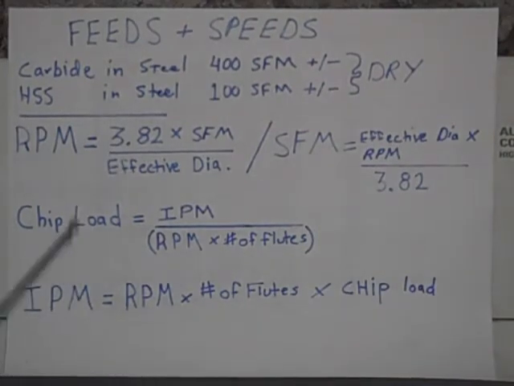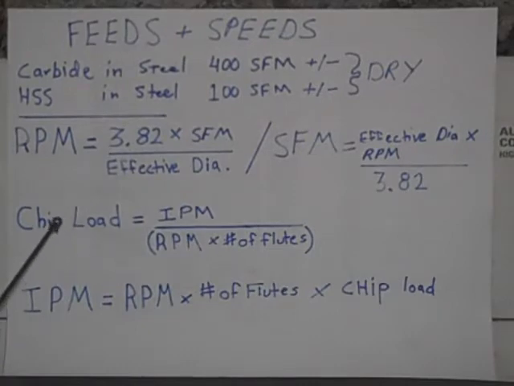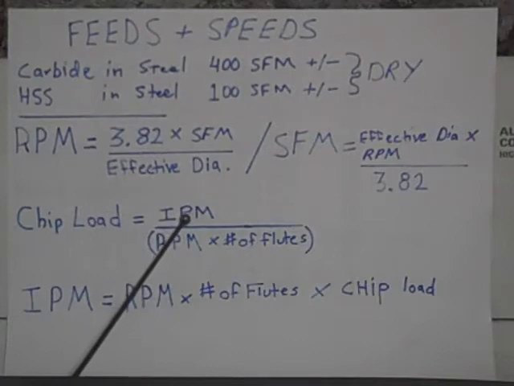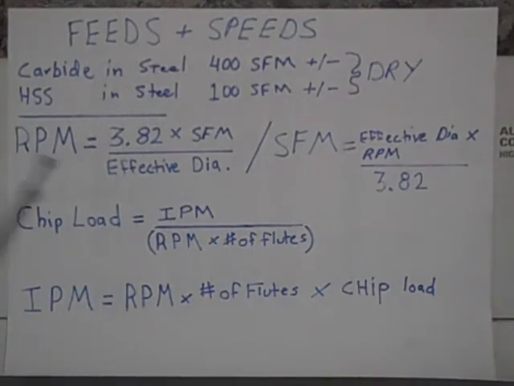Chip load in inches per minute is mostly for milling machines, end mill. Basically, you know a chip load, say you want it to be a .002 chip load per tooth. You would take your inches per minute divided by RPM multiplied by number of flutes. Easy, that's what chip load you're running.